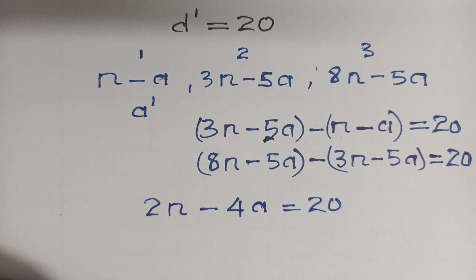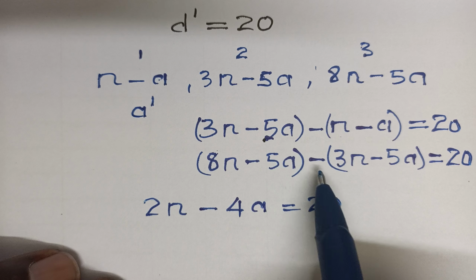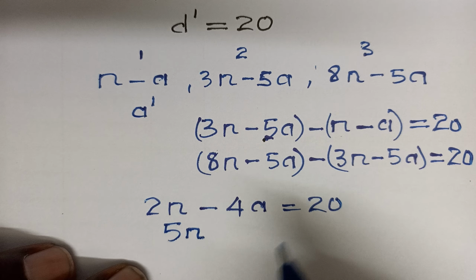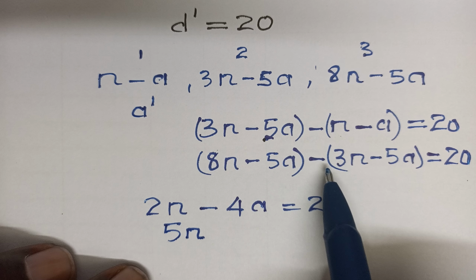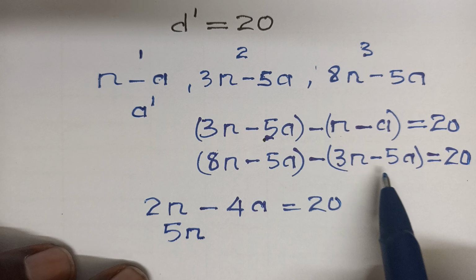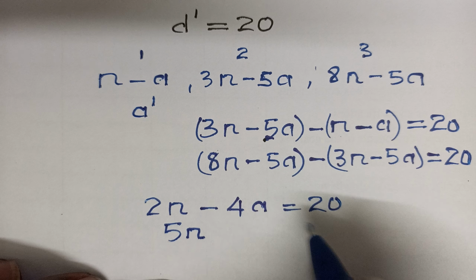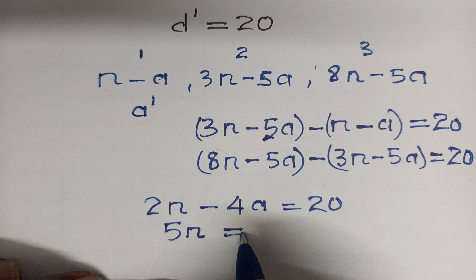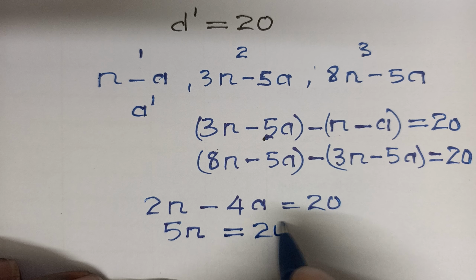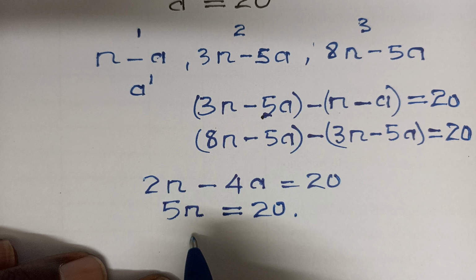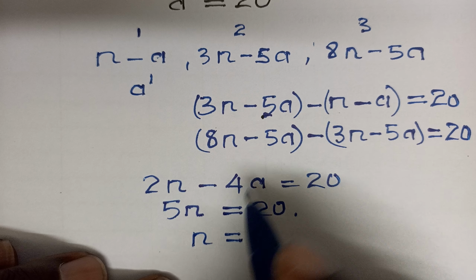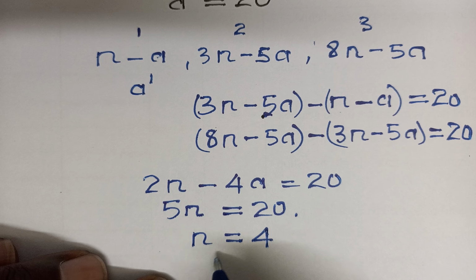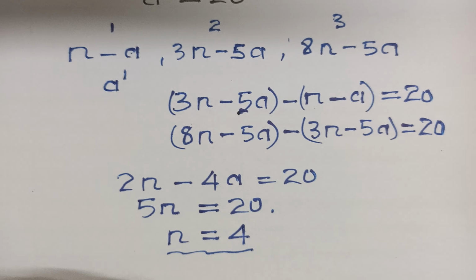Coming to the second equation, we have 8n minus 3n gives us 5n, and then minus 5a minus minus 5a, that is minus 5a plus 5a, gives us 0. We don't have to write it. This now comes to 20. And therefore n is going to be 4, because we divide by 5 on this side and on that side. So we are able to find n.